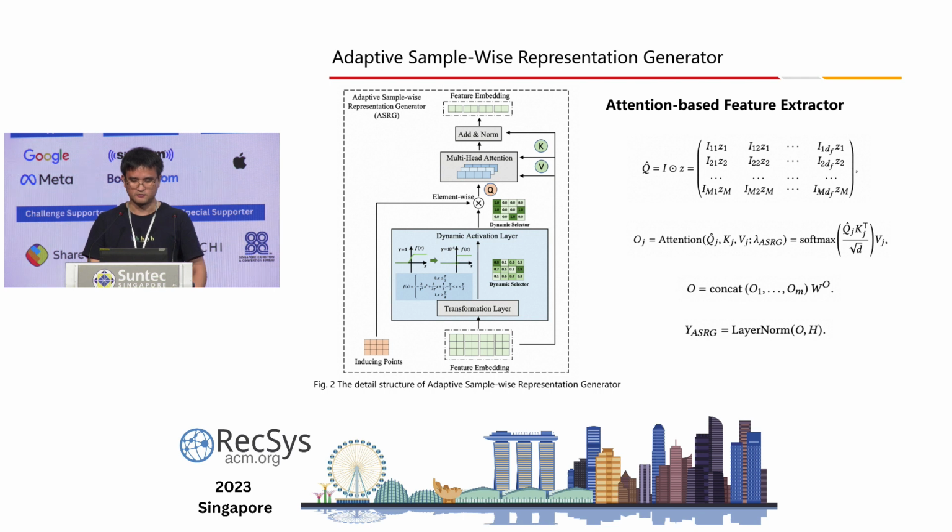First, features from different fields are transformed into the lookup embedding layer. Instead of using the traditional self-attention model, we randomly initialize a matrix as query, where the number of rows is a hyperparameter, usually smaller than the number of fields. The reason for using this type of query is to reduce computational cost and introduce our dynamic activation module.